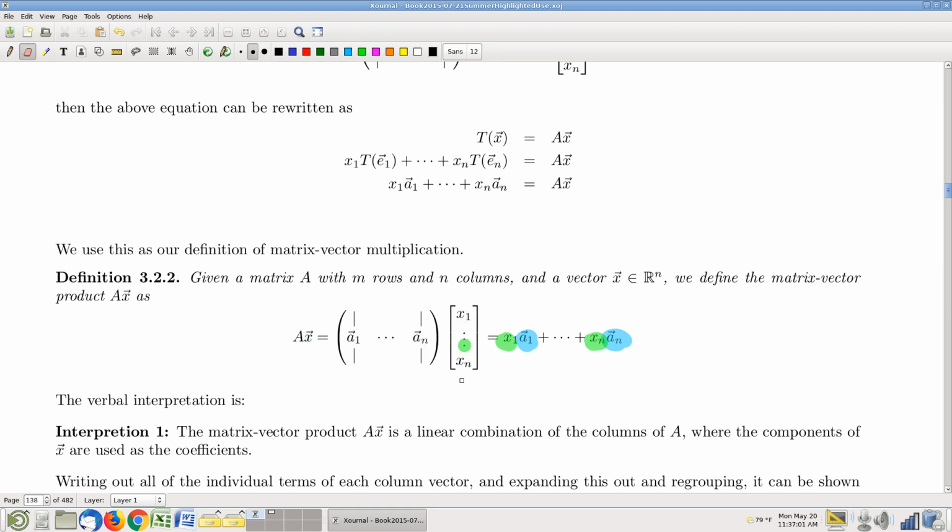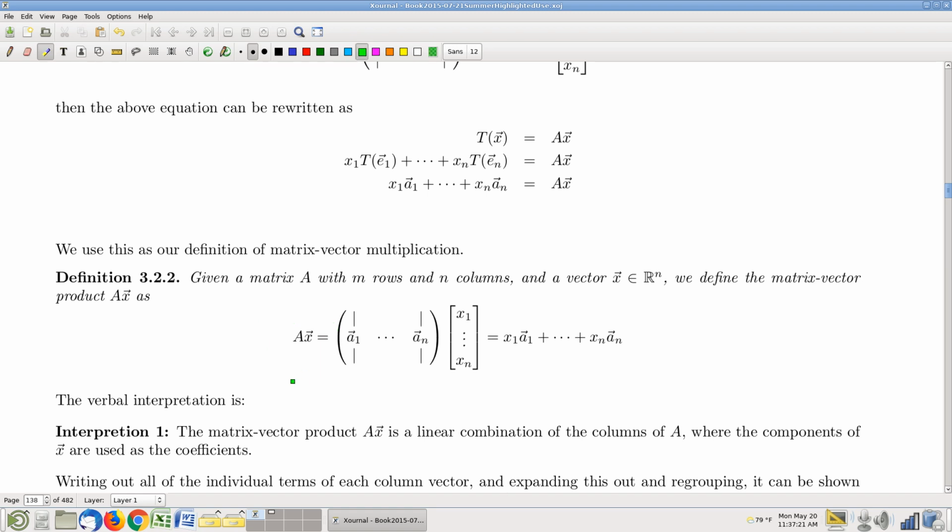Let me segue into the version that y'all have seen, for those of you who have seen this. Notice this interprets the matrix vector product as a linear combination of other vectors. It interprets this operation with vector algebra.